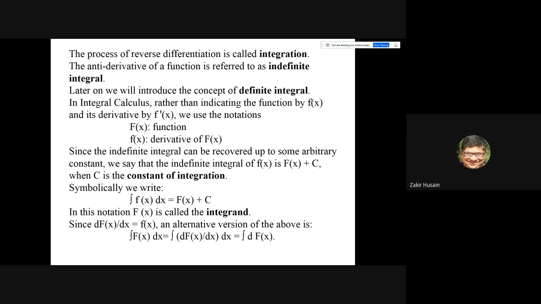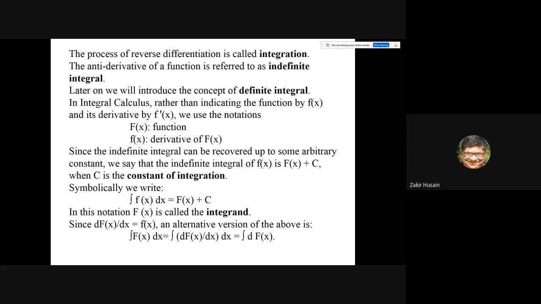Okay, so to repeat, capital F indicates the function while small f indicates the derivative of this function. And C is the constant of integration. We can recover only part of the indefinite integral, which is F(x), but we don't know whether it includes C or not. So we have to add a plus C, which is the constant of integration.